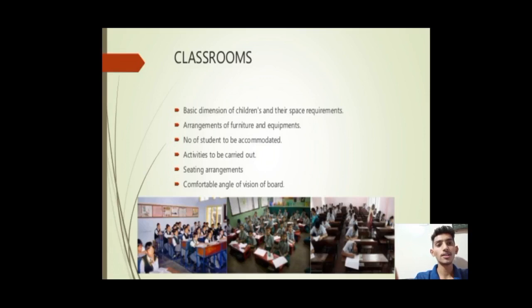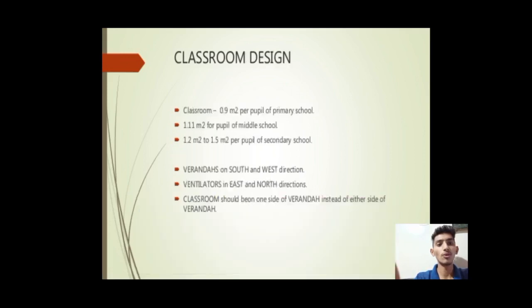Classroom: basic dimensions of classroom and their space requirements, arrangement of furniture and equipment, number of students to be accommodated, activities to be carried out, seating arrangement, comfortable angle for the vision of the board.